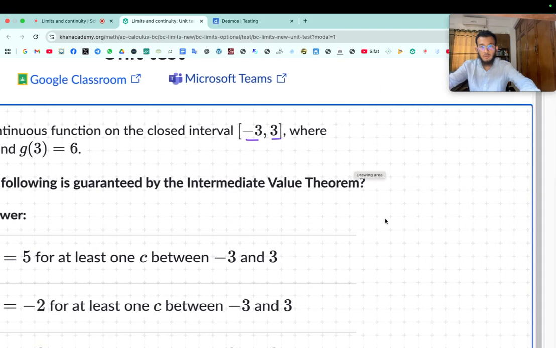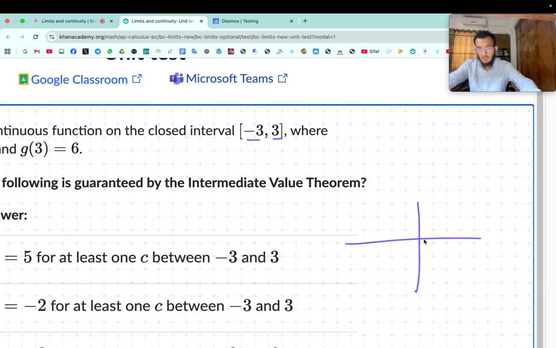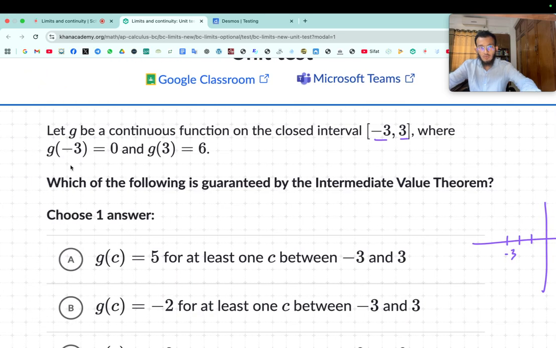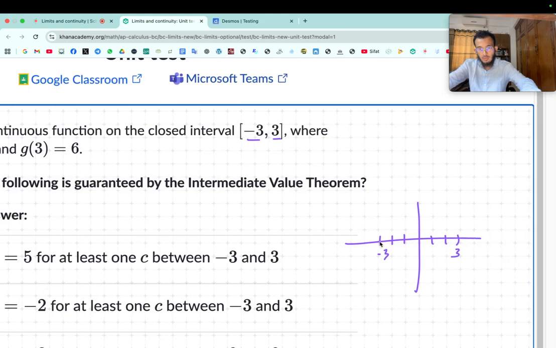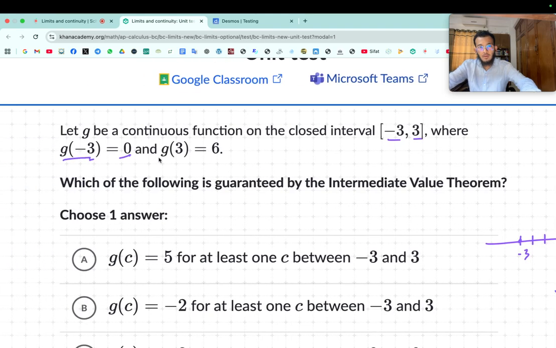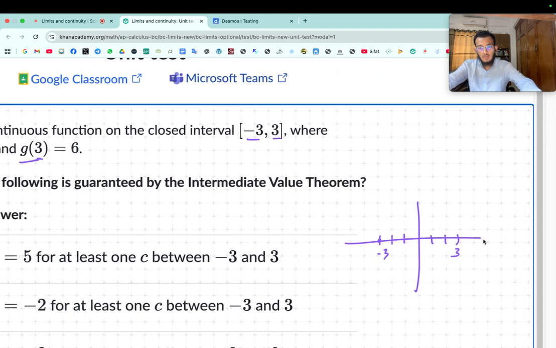Let's imagine this is 1, 2, 3 and negative 3. For x equals negative 3, we have a value of 0. But for positive 3, we get 6, counting 1, 2, 3, 4, 5, 6. So this is the least that it could be.